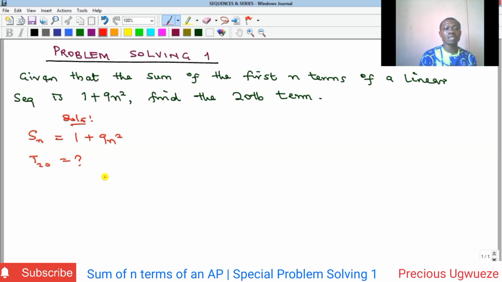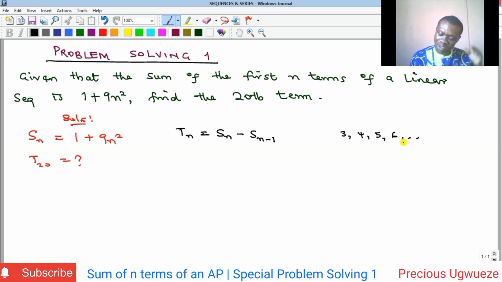Now you recall that I once talked about a relationship between the Sn and Tn, and if you recall properly, I said that Tn is equal to Sn minus Sn minus 1, and I gave an example to buttress that, which you can always look at. For instance, let's assume we have a sequence, say 3, 4, 5, 6, the normal counting numbers. You would see that this is an arithmetic progression where the difference is 1.